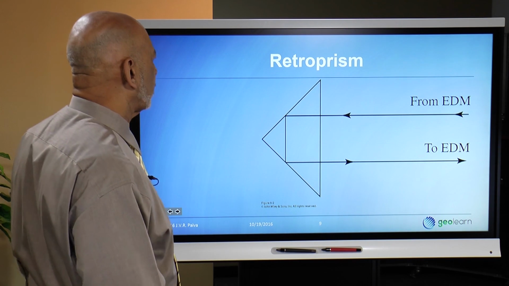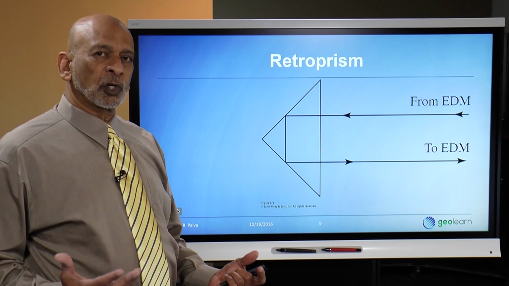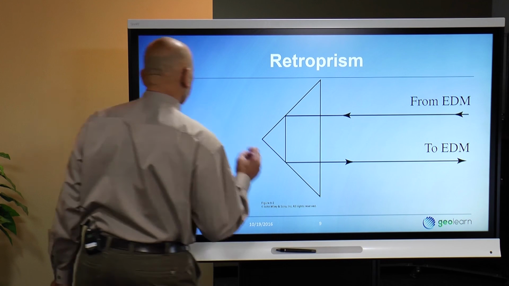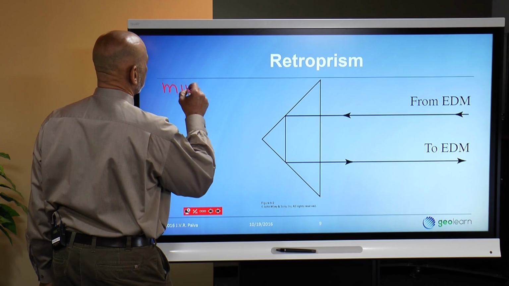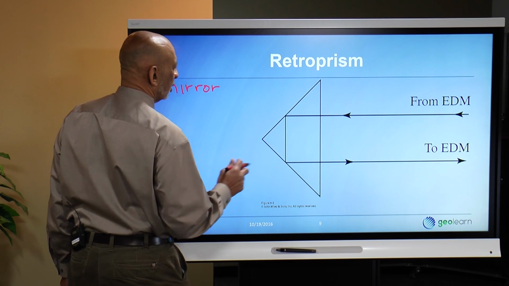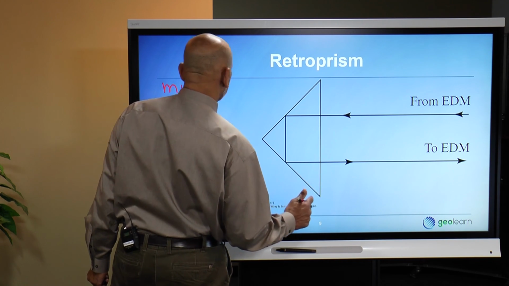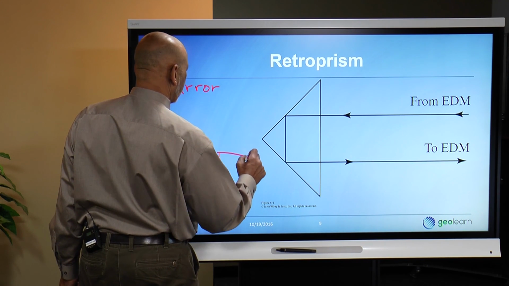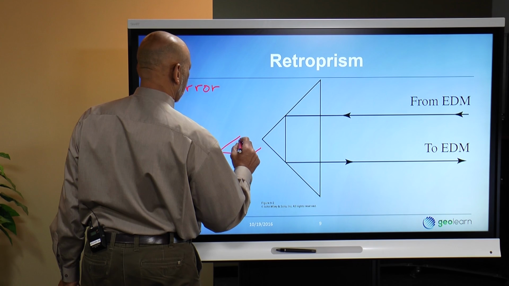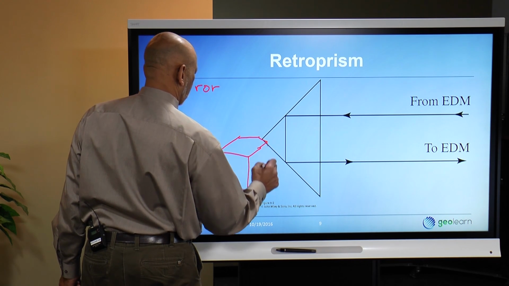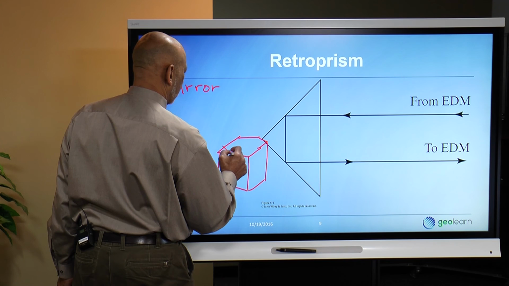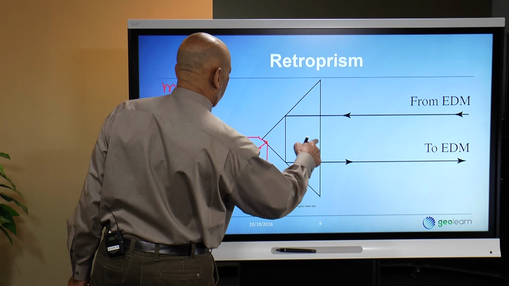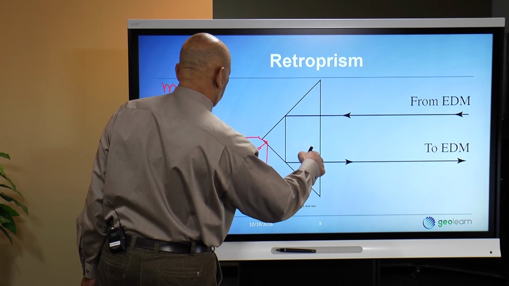So let's talk about the retroreflector, and most often it's called a retroprism. Now it's very common for surveyors in practice to call them mirrors, but there's a big difference between a mirror and a retroreflector. So this is a cross-section of a prism, and basically if we take a cube of glass and cut it at one of the corners and you turn it on edge, you have this triangular shape.